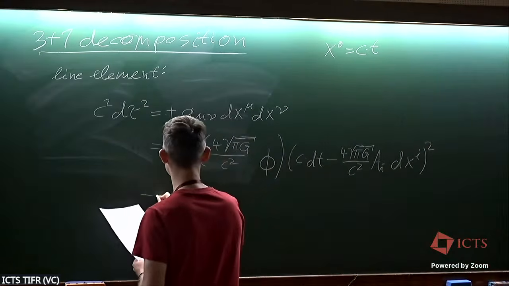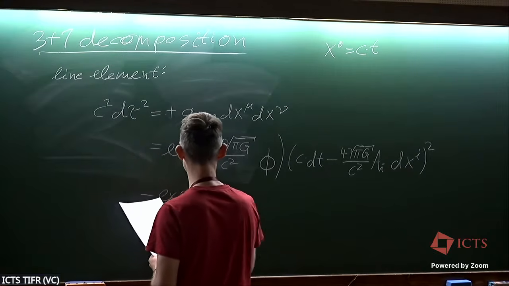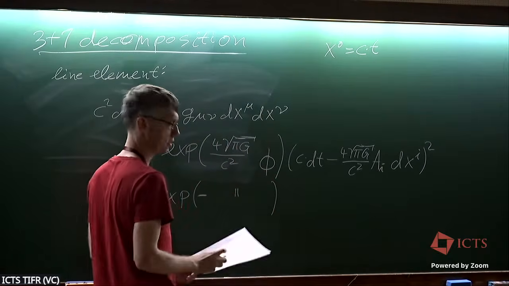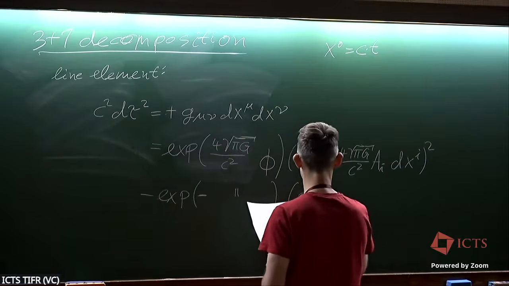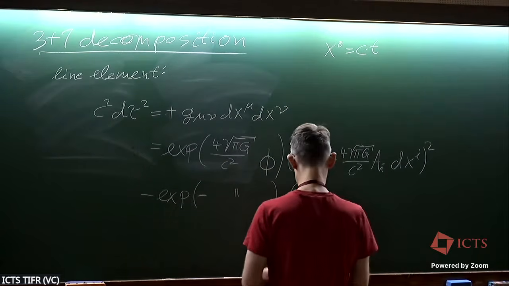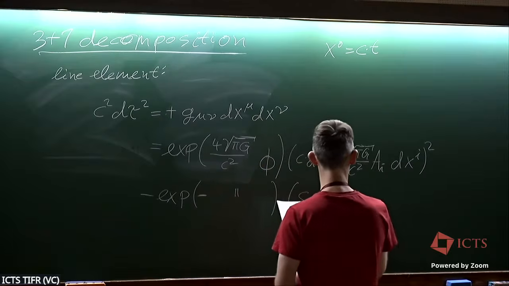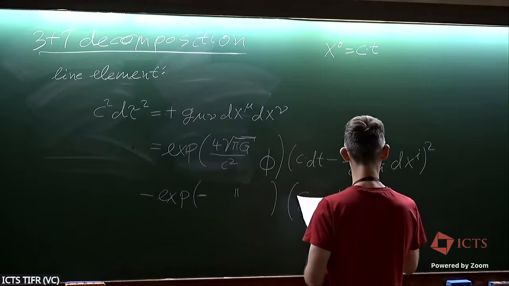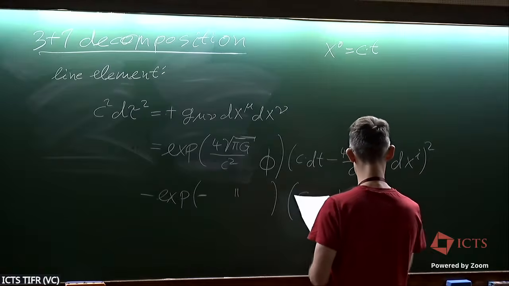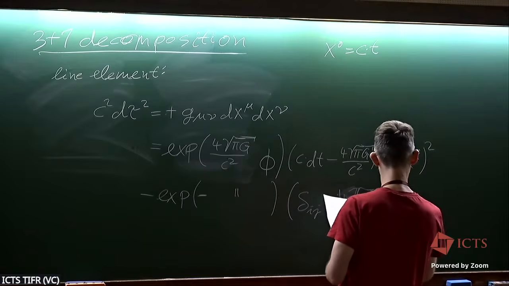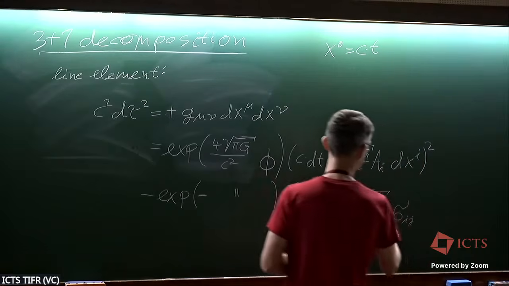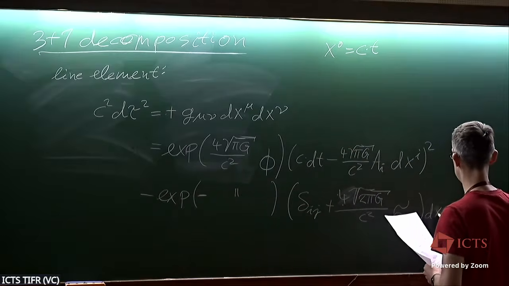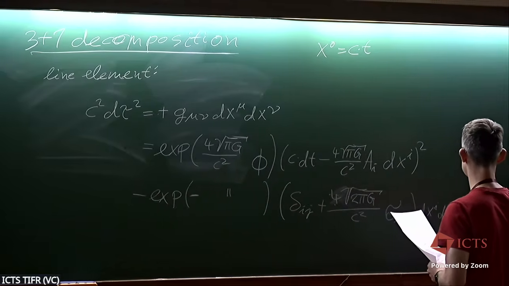And then we have the spatial part. So this is a similar exponent with a minus in front. And then we have the flat spatial metric, delta ij, plus square root of 4 times square root of 2 pi G divided by d square, times a new field, which I'll call sigma here, times dxi dxj.